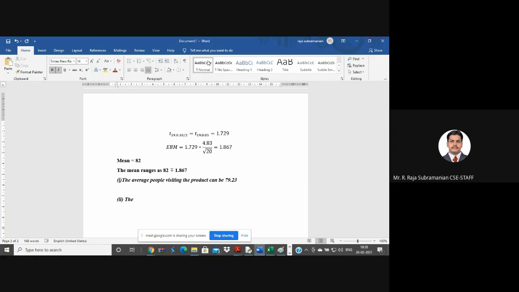In machine learning and mathematics you can say mean as average. The average people visiting the product can be 81.32. The average people visiting the product can be 85.